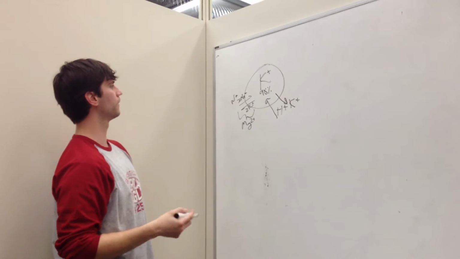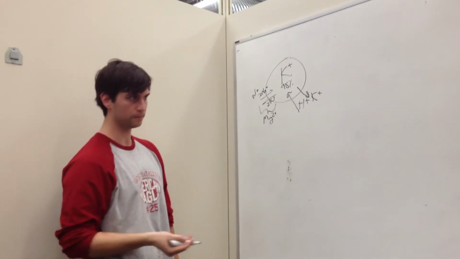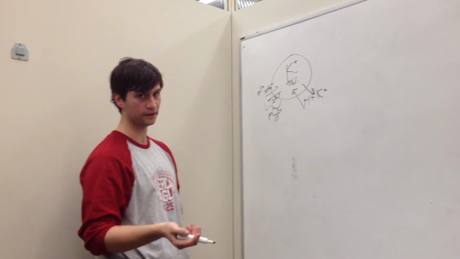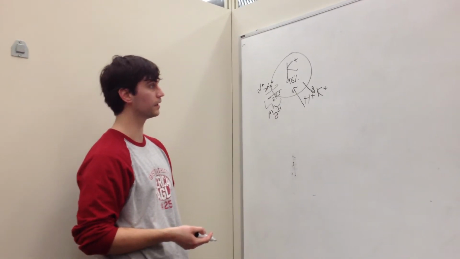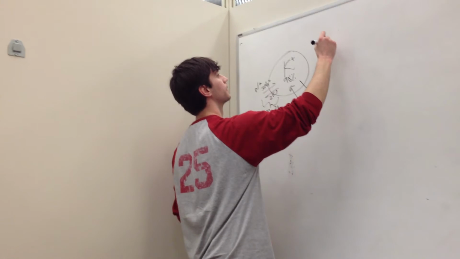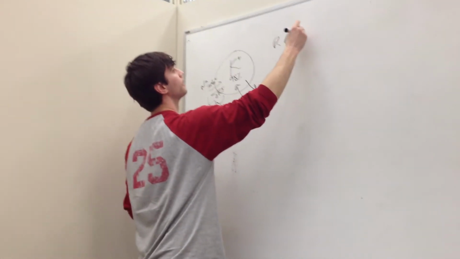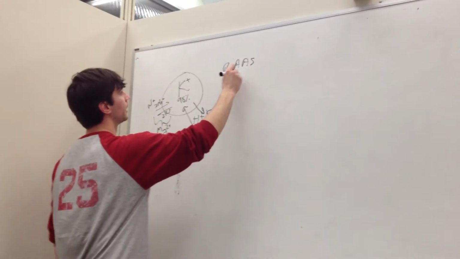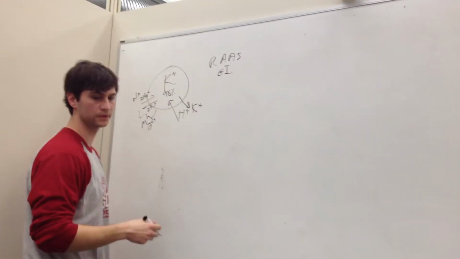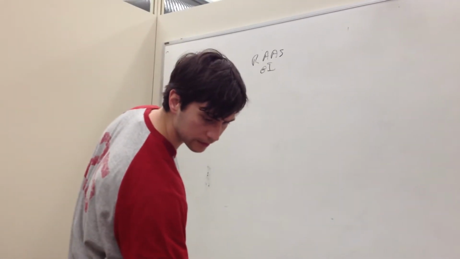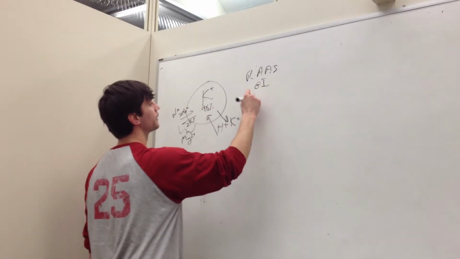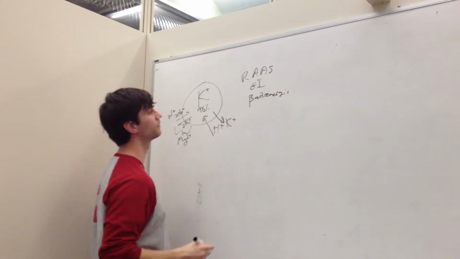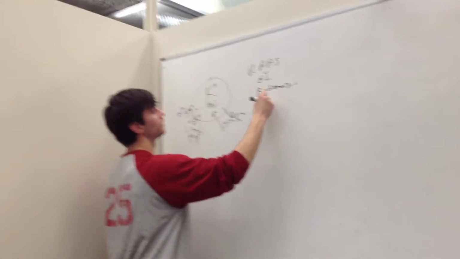Other factors affecting potassium, as we know, are aldosterone. The renin angiotensin aldosterone system affects potassium balance. We'll just write RAS. Other things, your GI system and how it absorbs. And last, things like beta-adrenergic receptors can cause potassium influx, as well as insulin.